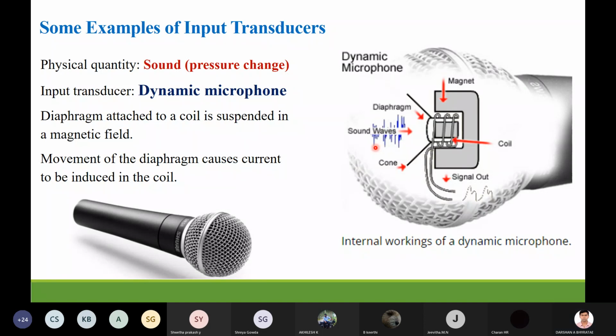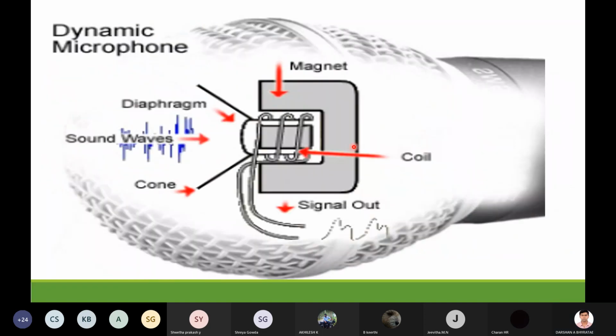Okay, so this is the working principle of the microphone, and this is the elaborated circuit diagram. Here is the diaphragm and the coil wound on the diaphragm, suspended in the magnetic field.